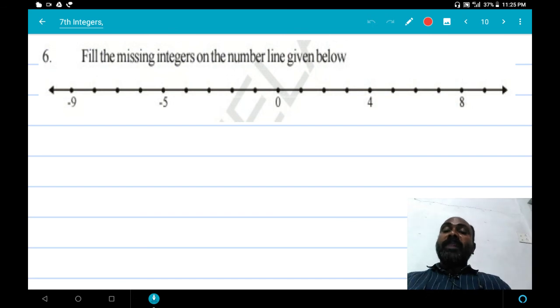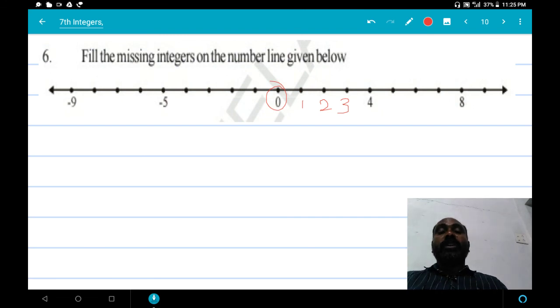Right. Fill the missing integers on the number line given below. The integers already marked on the number line are 0, minus 5, minus 9, 4 and 8. In increasing order, how many numbers are there from 0? Up to 4: 1, 2, 3 and 4.